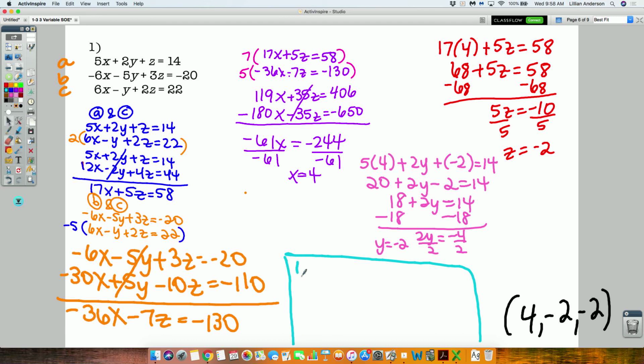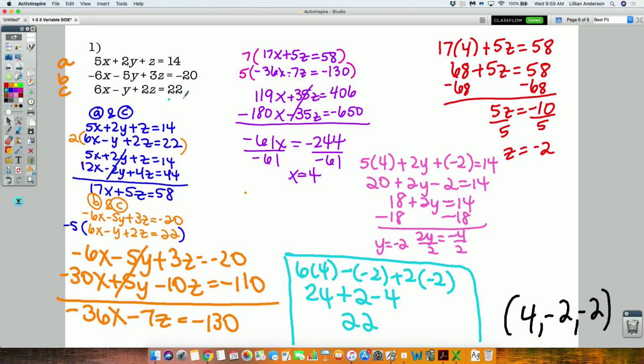C? Okay. So 6 times 4 minus a negative 2 plus 2 times z. What's 6 times 4? A negative and negative make a positive. And 2 times negative 2 is? When I do 24 plus 2 minus 4, what do I get?